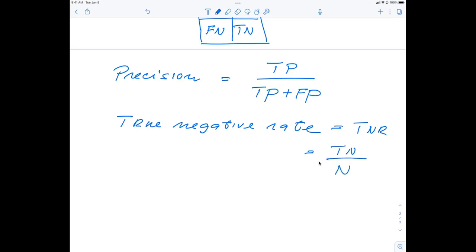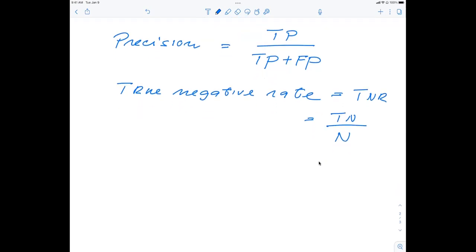So n is the total number of data which we have. We have many other of these. There's something which is called the recall, and that's given by the true positive ones divided by the true positive plus the false negative.